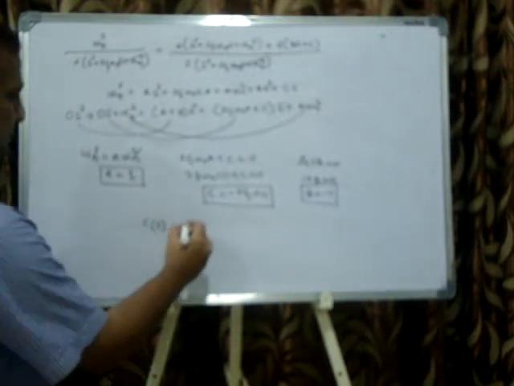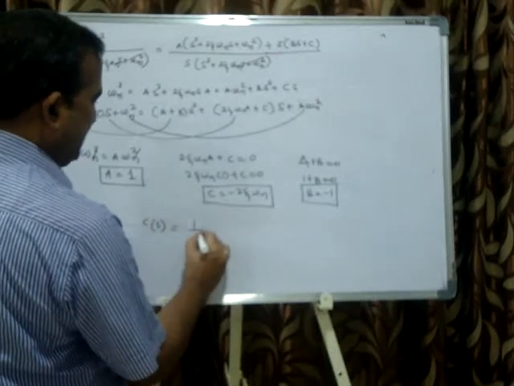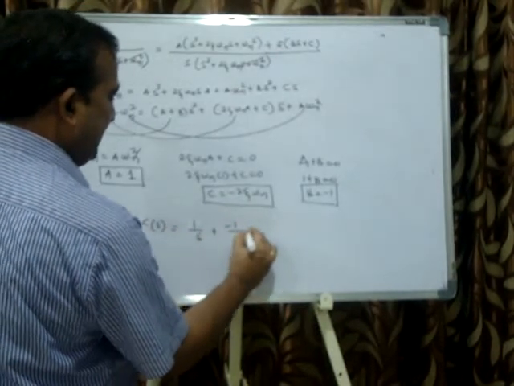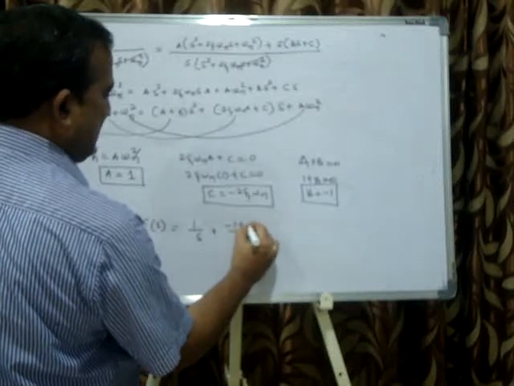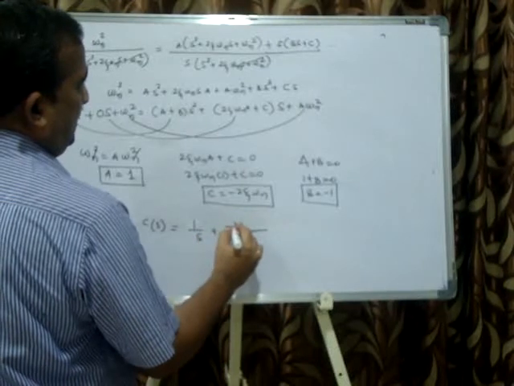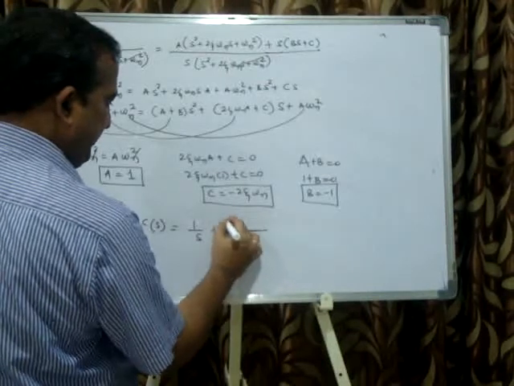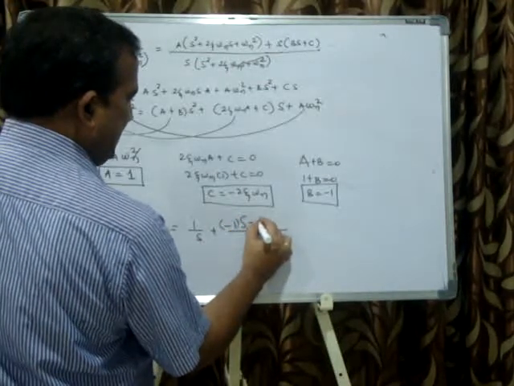divided by C of S equal to A by S. So now A by S, A is equal to 1, A by S plus BS plus C, B is minus 1, BS plus C means what?